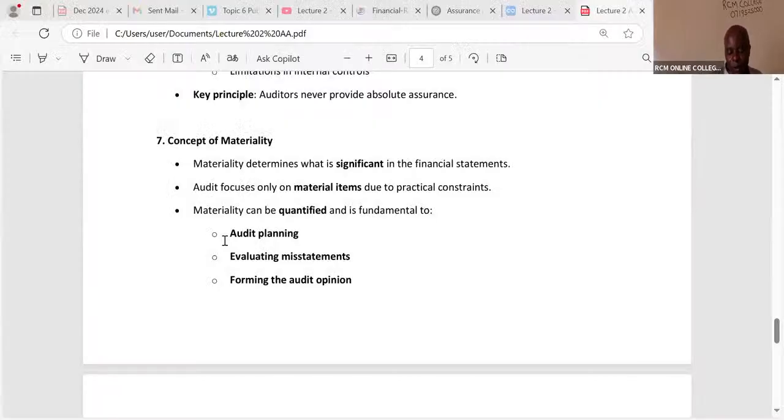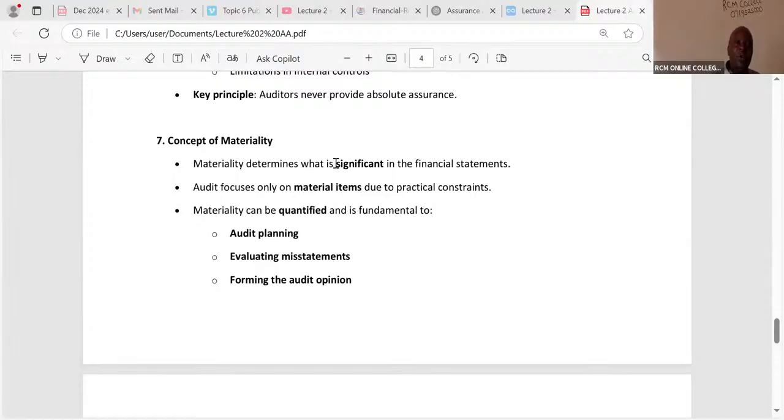Now, today I will only mention something to do with materiality, but I will not be able to show you how to compute the materiality thresholds today. Remember, ladies and gentlemen, when we talk of materiality, this determines what is significant in the financial statements. There will be insignificant items and there will be significant items.